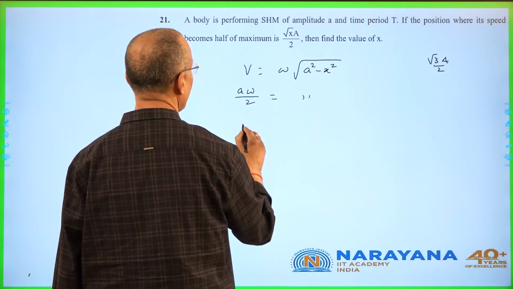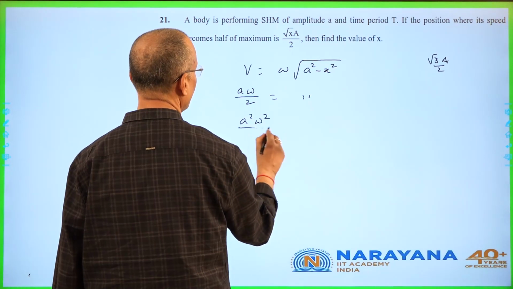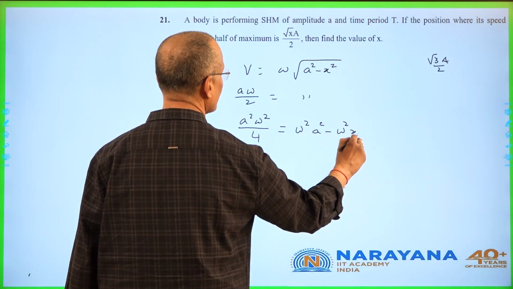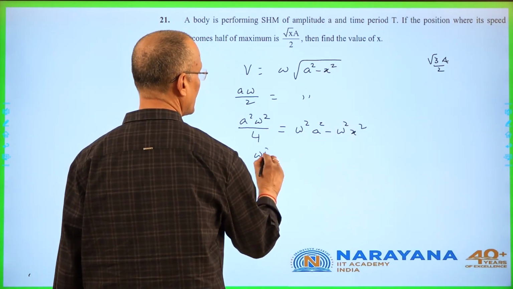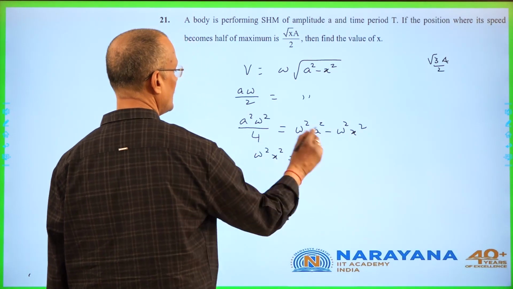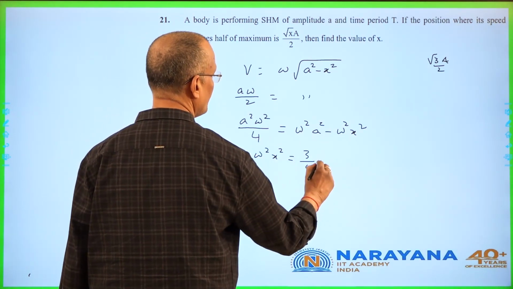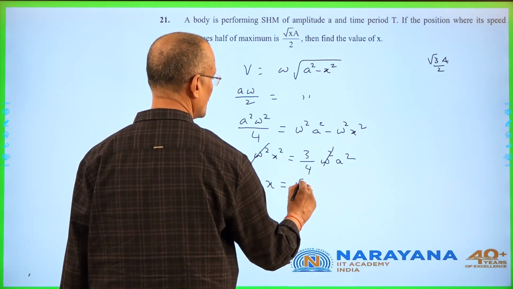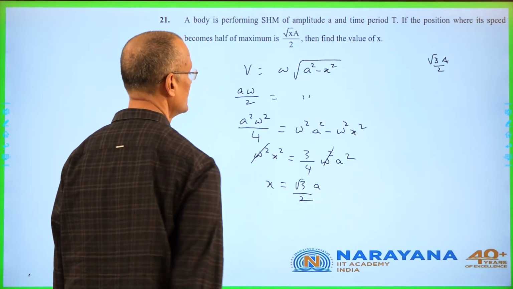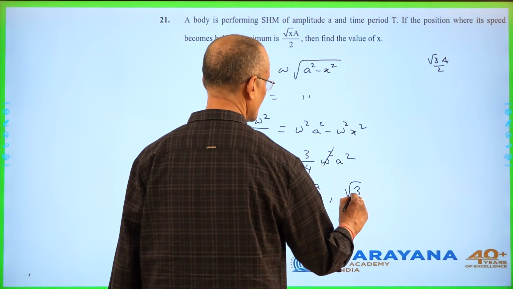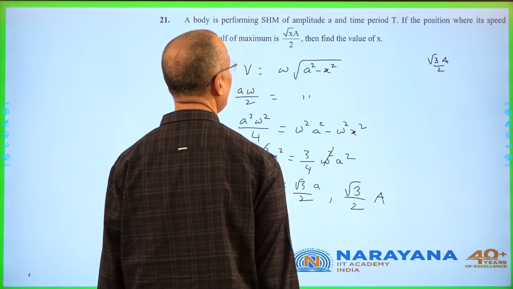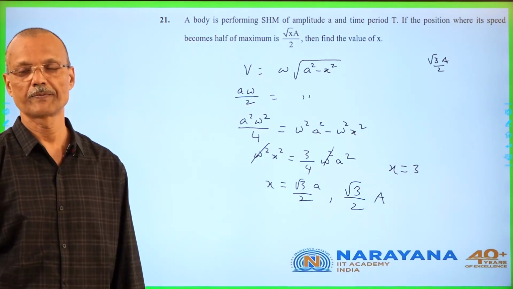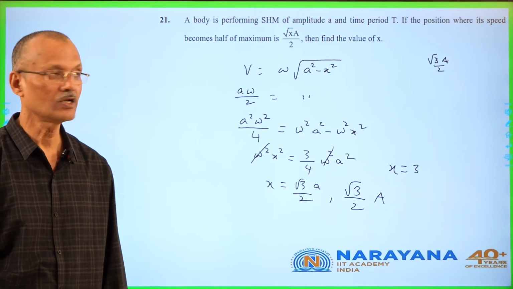Square it: A squared omega squared by 4 equals omega squared A squared minus omega squared x squared. You will take that side, 3 by 4 omega squared A squared. So x will become root 3 A by 2. A capital they have taken. So root 3 by 2 capital A. They are asking you x. X will be 3. I hope you are understanding it clearly.